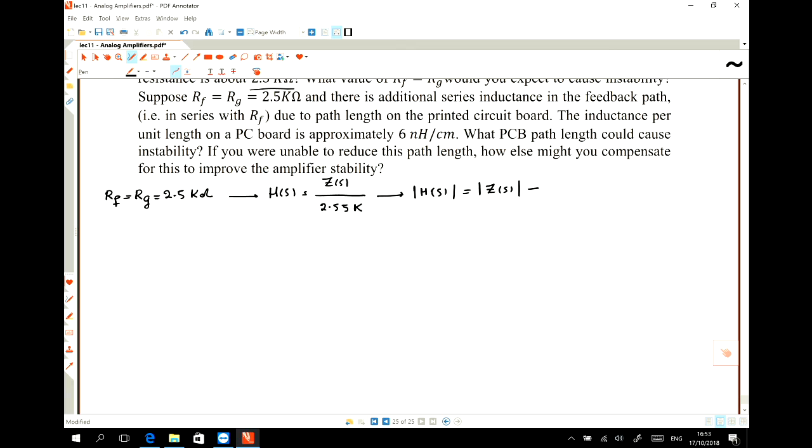Nobody has a calculator? 20 log of 1 over 2.55K. Minus 68.